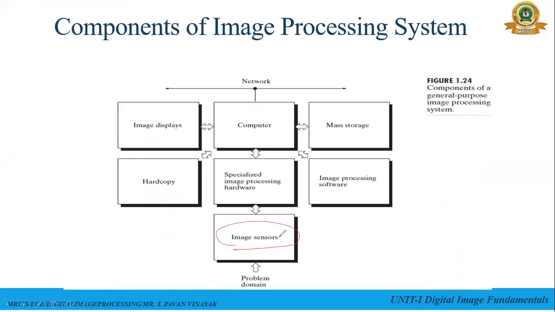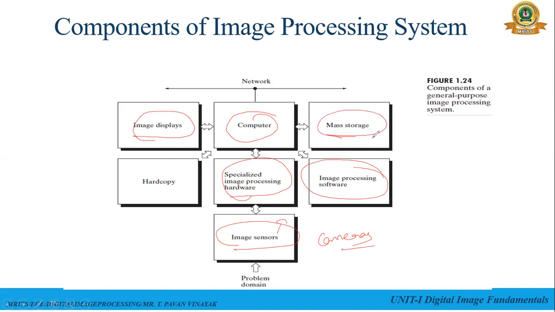First one is image sensors, means your cameras. Next, after capturing images, we want an image processing unit: computers and image processing software. To view the images, we require image displays. To store the images, we require storage devices. To transmit the images from one place to another, you require a network.